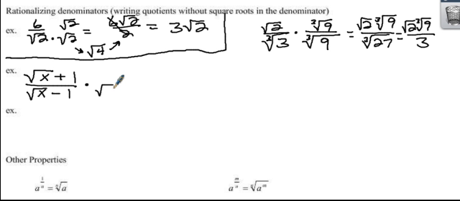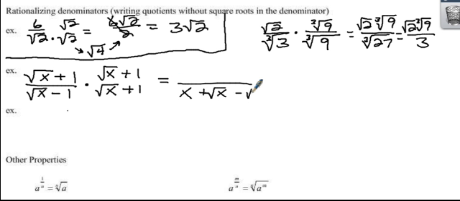So I multiply the top and bottom by square root of x plus 1. Okay? So I FOIL. First, square root of x times square root of x is x, as long as x is positive. Outer, we get plus root x. Inner, we get minus root x. And last term, we get negative 1.